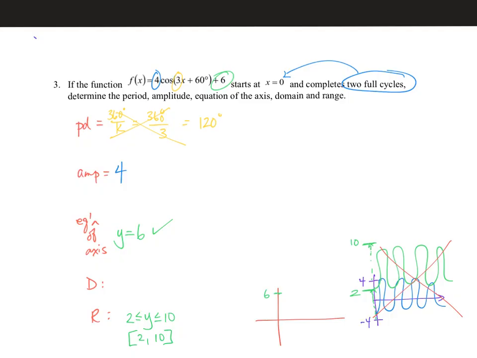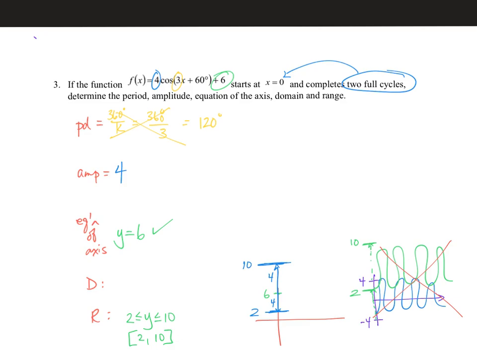Now if I use my amplitude, my vertical stretch, I know that my graph must exist 4 above the middle and 4 down from the middle. And that allows me to arrive at my maximum value of 10 and my minimum value of 2 fairly easily. So something to consider as you're trying to determine range.